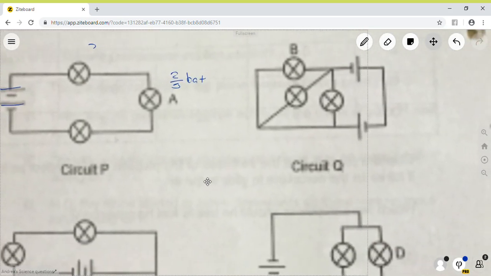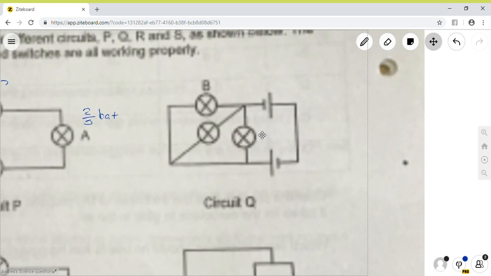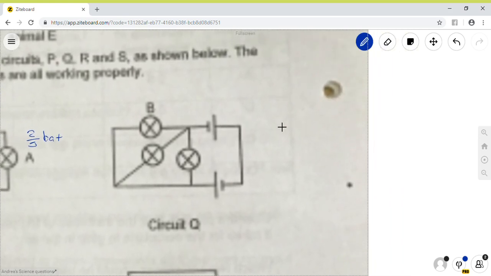Next, option B. Now this is a bit hard to see. It's actually parallel, diagonal. If we were to redraw, it looks like that. Let me redraw the thing. Oh, it's actually parallel.